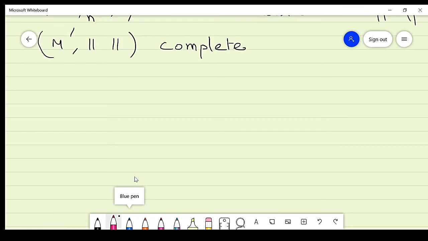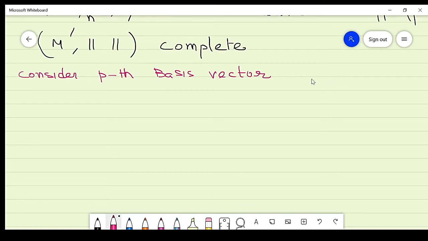Now, our result is to be proved for p vectors. Now I consider the pth basis vector, that is left, that is Ep, right?